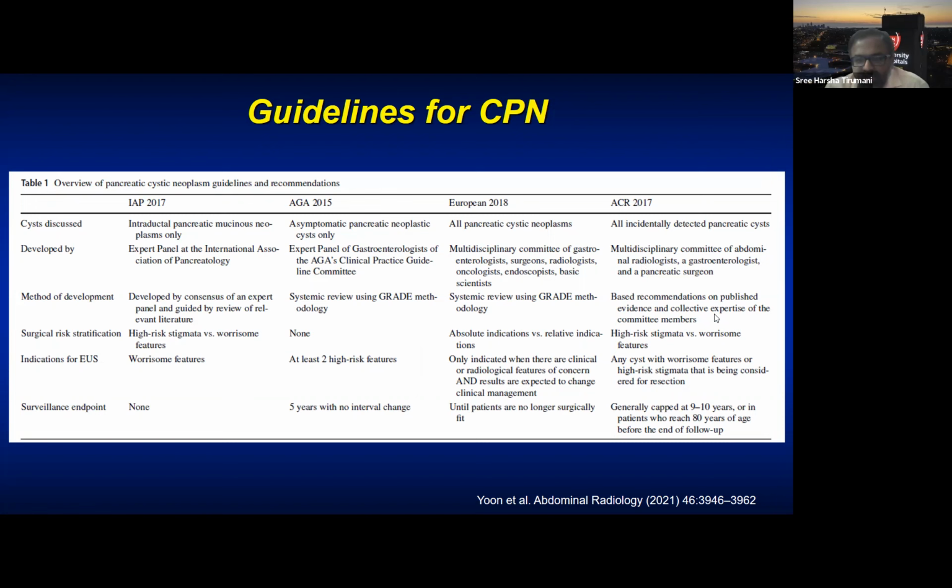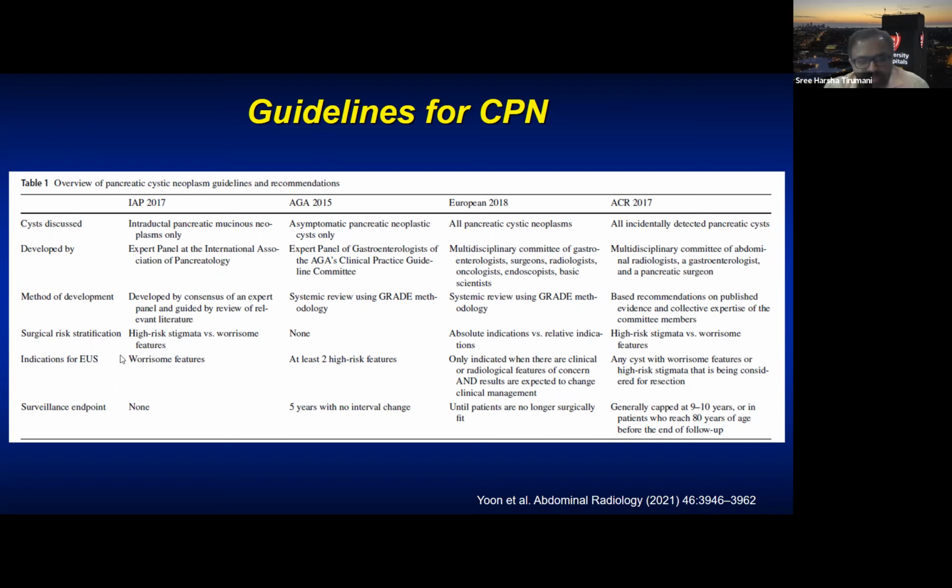In contrast, the ACR recommendations are more like an expert opinion. A group of radiologists came together and wrote up a white paper, and that is used to help us in the reading room in guiding the recommendations.